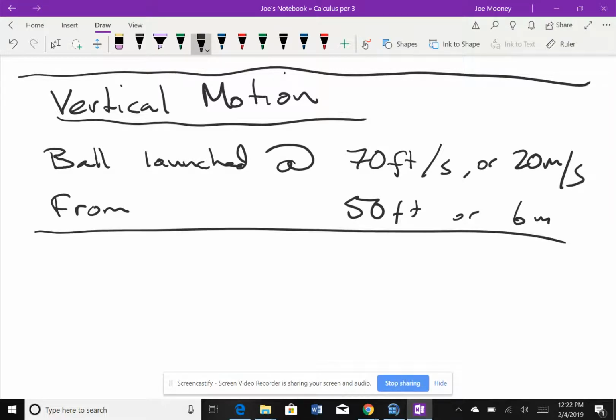And then they might say to you, what is the velocity at time of impact with the ground?